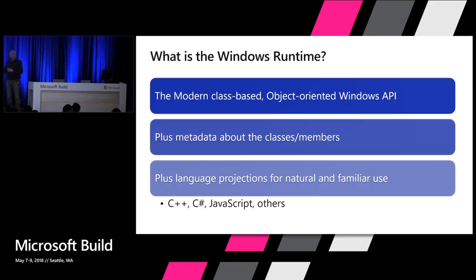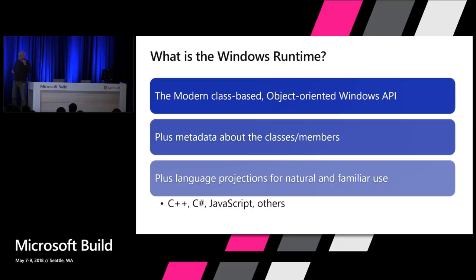So if there's an idiom that your favorite language uses, we want you to be able to use the Windows runtime OS APIs using those idioms. And what is natural and familiar in one language may not be natural and familiar in another language. But with this metadata about the APIs in the Windows runtime that lets basically any programming language access them, we can expose those APIs in a natural, familiar way to you.